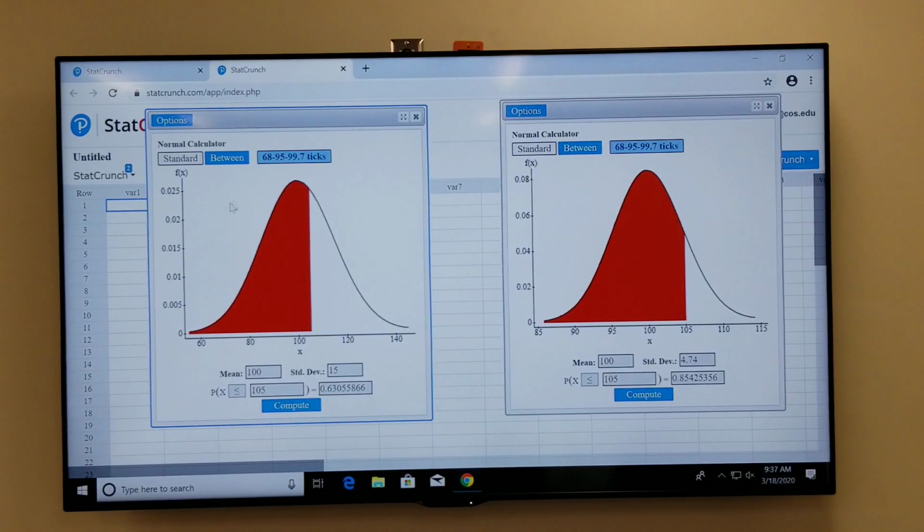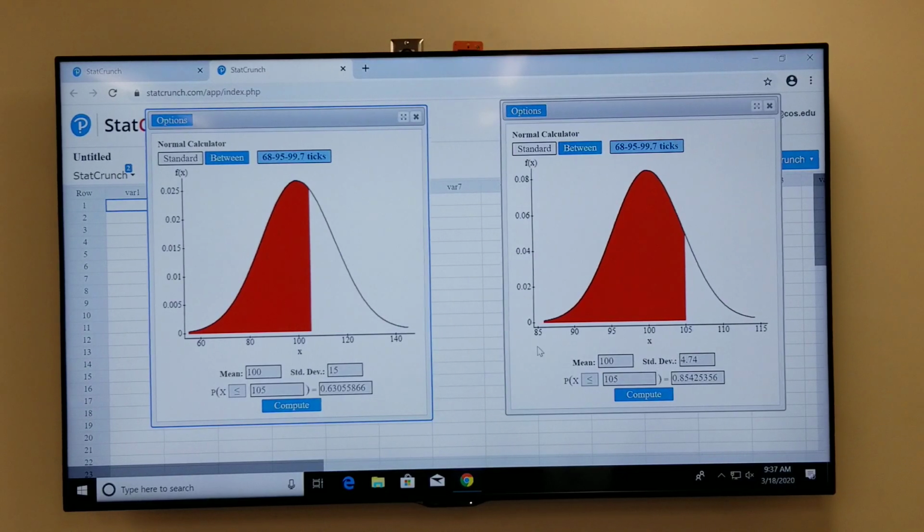So this probability is the probability that if you randomly select one individual, that individual has an IQ less than 105. This probability is the probability that if you randomly select 10 individuals, their sample mean is less than 105. The only difference between them is what you enter for the standard deviation.